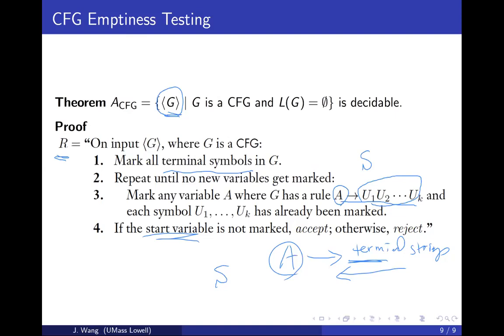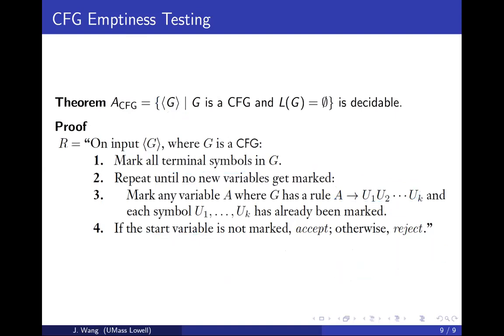Okay, so all these answers are fundamental that we want to know, and they are decidable. Later on, we will see some examples which are on context-free languages, but they may not be decidable. Okay, that's it. That's the end of this video.